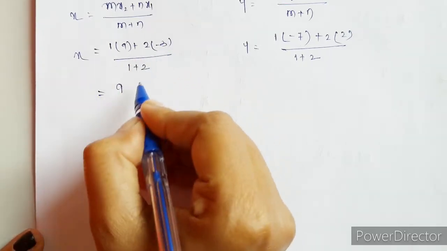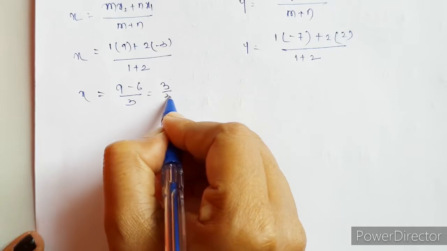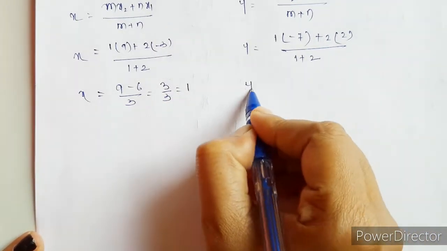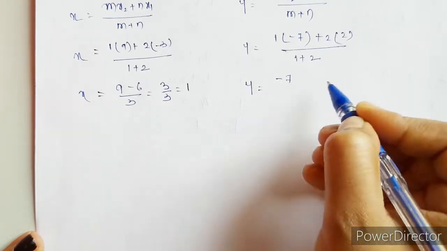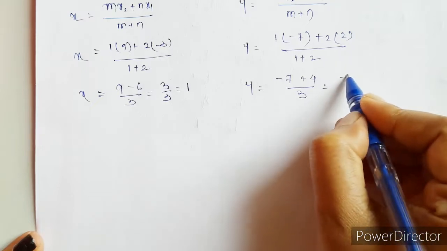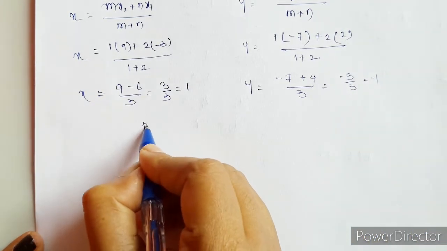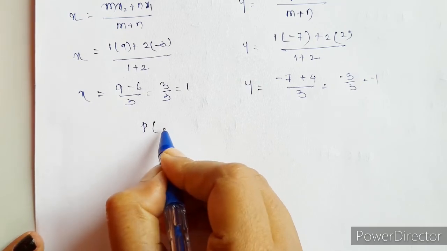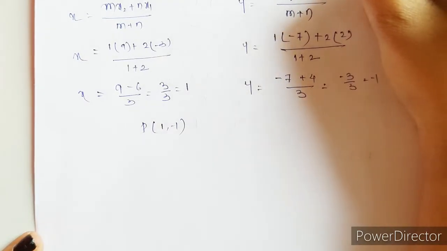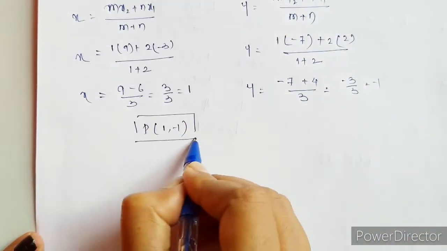This will be 9 minus 6 upon 3, which is 3 upon 3, which is nothing but 1. So the value of X is 1. Now for Y, this is minus 7 plus 4 upon 3, so minus 3 upon 3, which is equal to minus 1. So the coordinate of P, that is x comma y, is 1 comma minus 1. So we got the coordinates of point P.